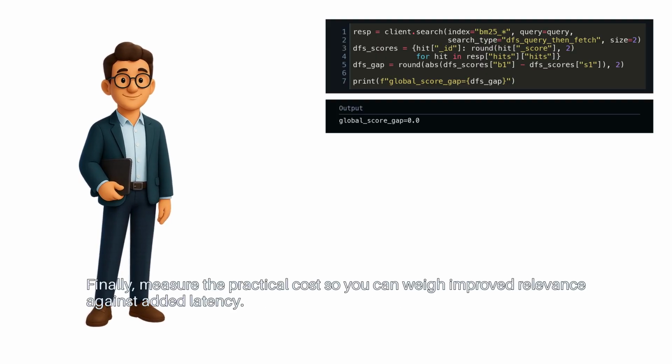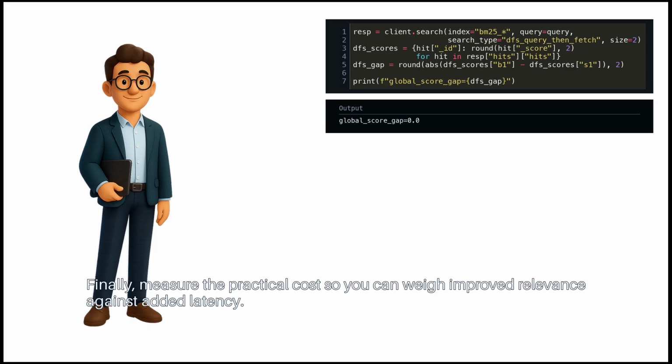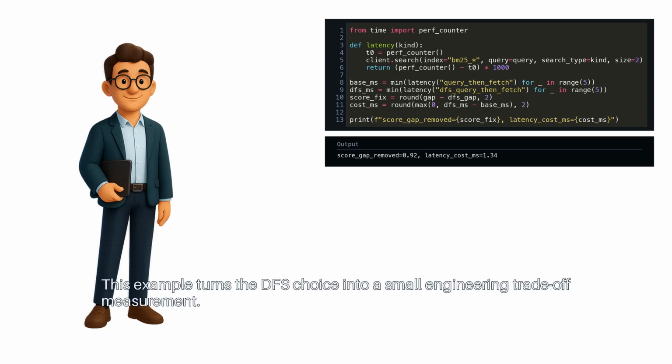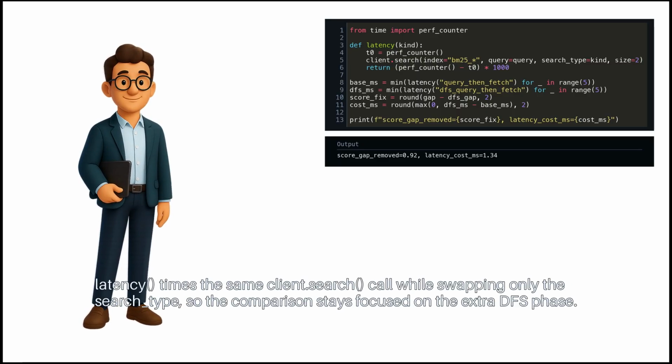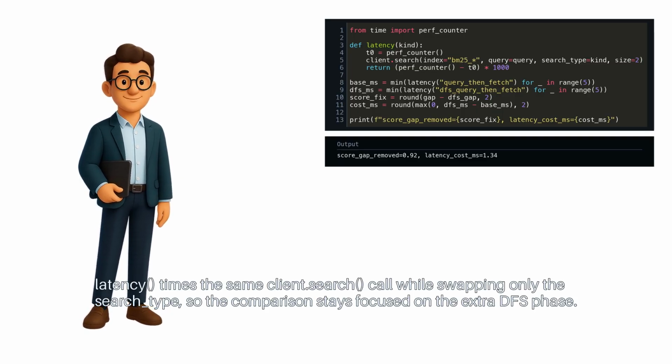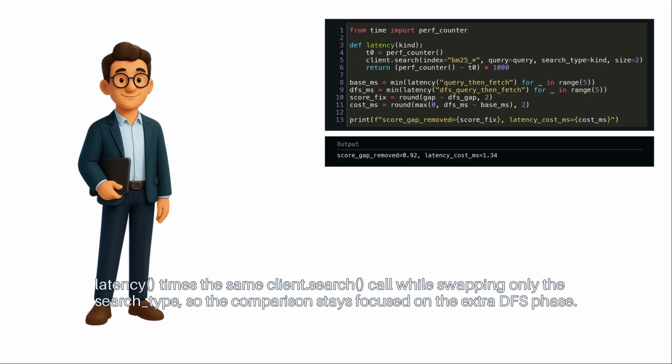Finally, measure the practical cost so you can weigh improved relevance against added latency. This example turns the DFS choice into a small engineering trade-off measurement. Latency times the same client.search call while swapping only the search type, so the comparison stays focused on the extra DFS phase.